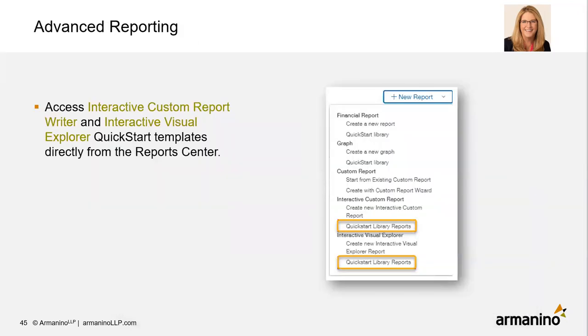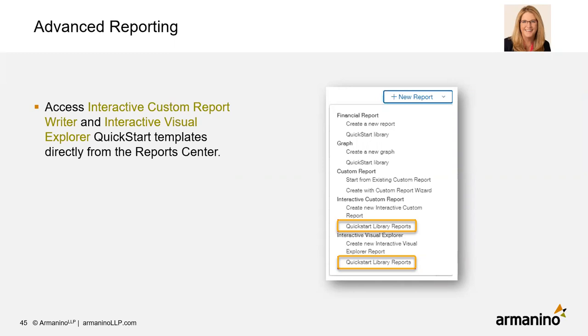Advanced reporting. They've now added 2 new options in the quick start templates drop down for library reports: the interactive custom report writer and the interactive visual explorer are now available in your report center.